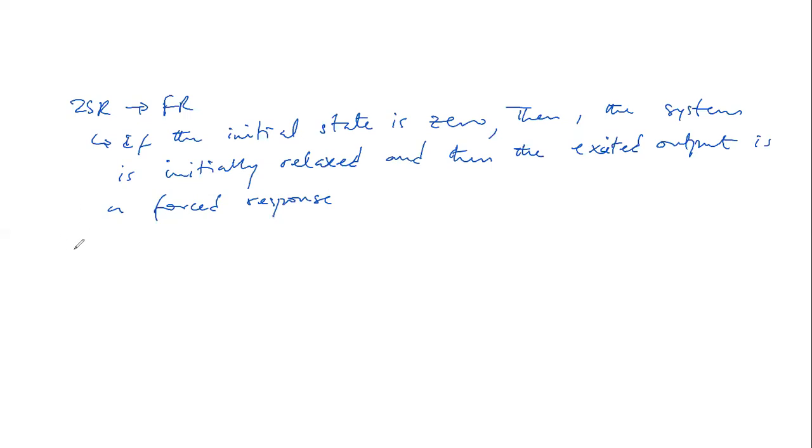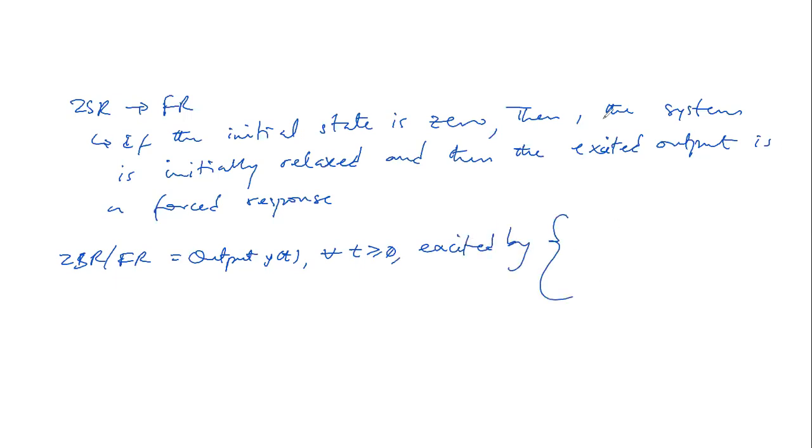So we can therefore say that the zero state response, or better still, the force response, is the same as the output y of t for all t greater or equal to 0, that is, for time instances other than 0, other than the initial state, excited by the initial state S of 0 being 0, for which the system is initially relaxed.